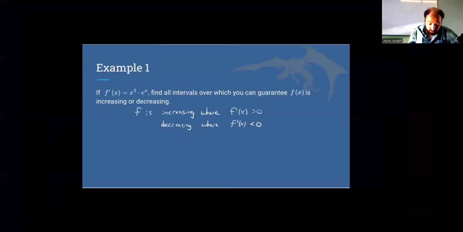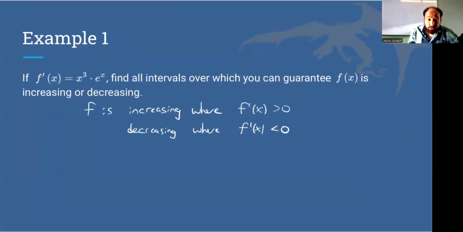Okay, so if x cubed e to the x is the derivative, then we're just trying to see where is that positive or negative.